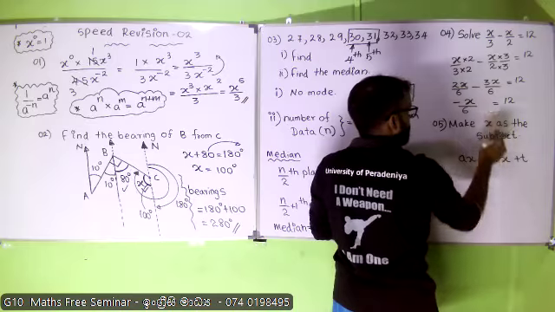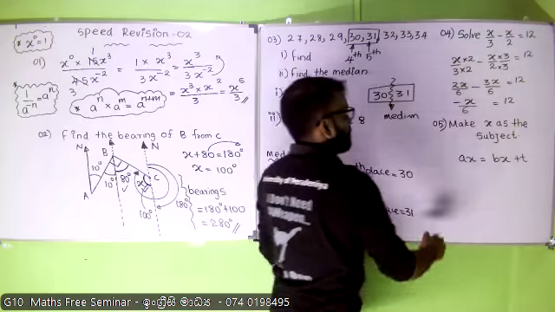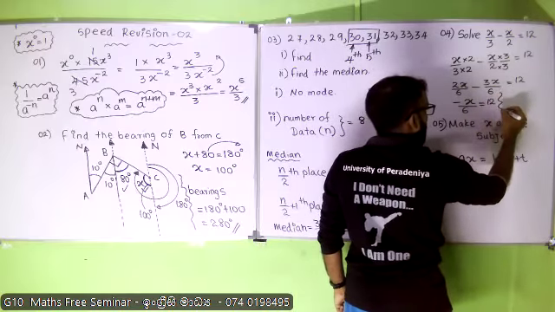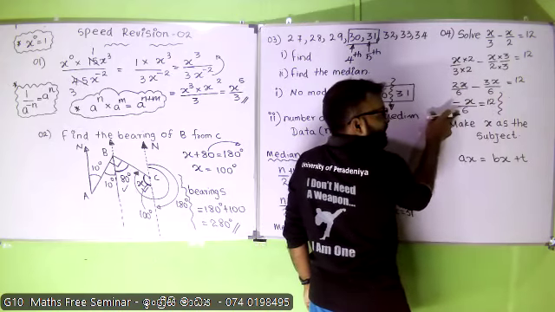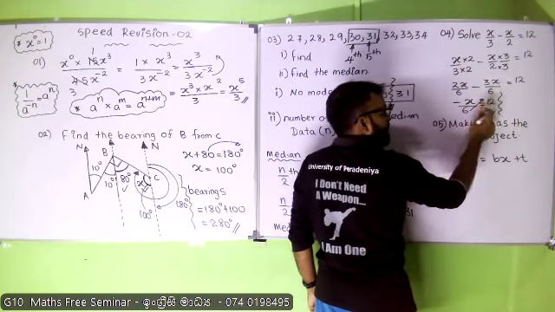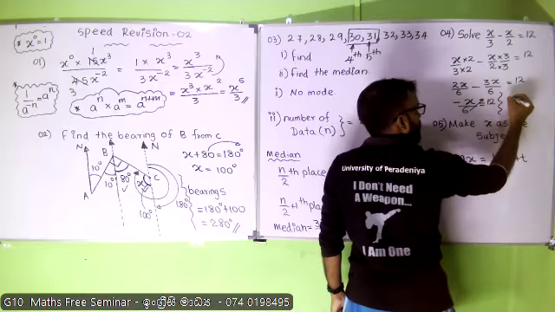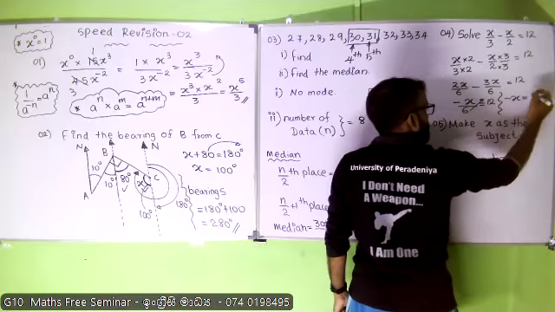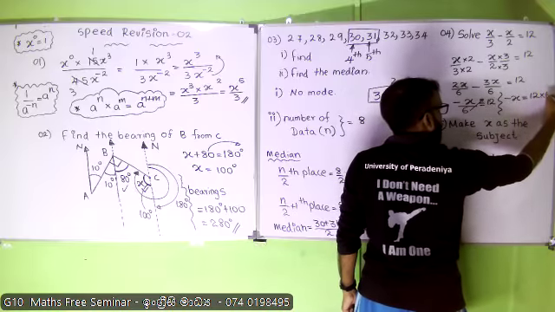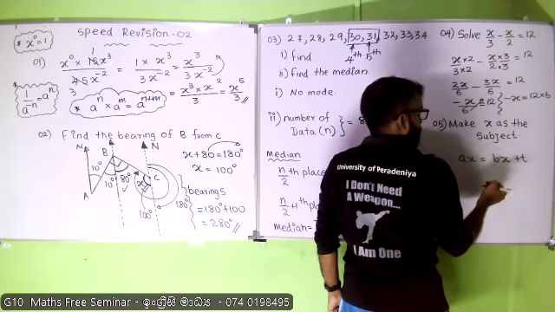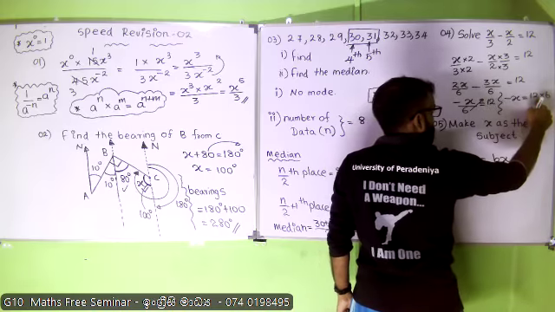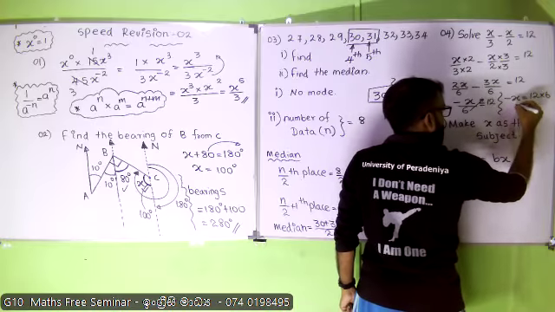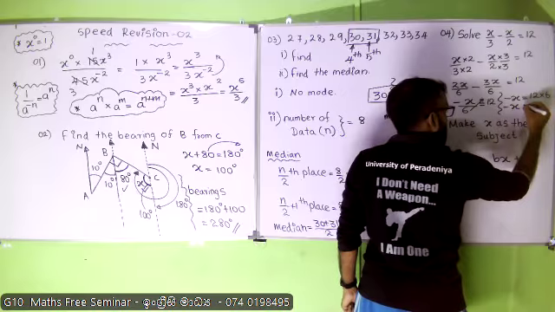Here you have 6. Take it to the upper side, so that you have minus x equals 12 times 6. 6 times 12 is 72. So minus x equals 72.